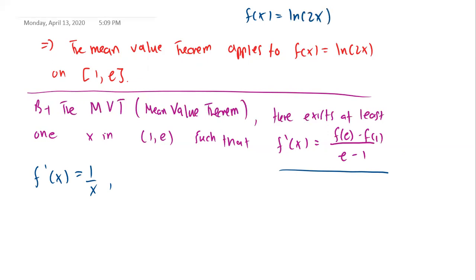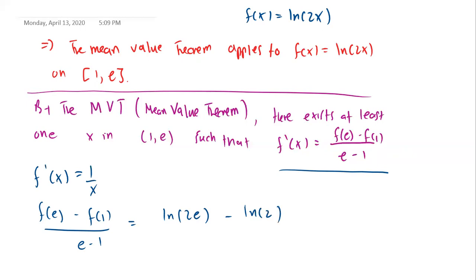So f of e is ln of 2 times e. So the other thing we have is f of e minus f of 1 over e minus 1 equals ln of 2e minus ln of 2, just plug in 1 for x, divided by e minus 1.